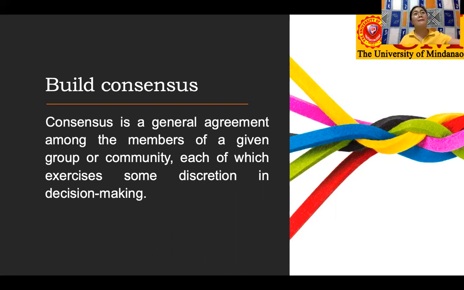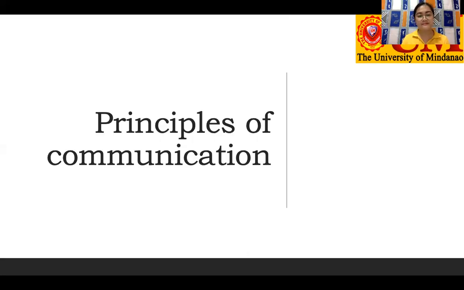You also collaborate through getting information from the researches of other people to substantiate your idea, to comprehensively discuss your results. So that is, you build consensus. Okay, so that is one of the ethics of communication.